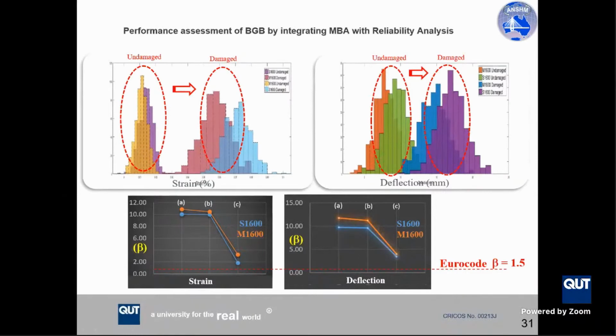And for the damaged structures, for the damaged box girders, we see a significant reduction in reliability index. Although the reliability indexes are still above the allowable values, it can be considered a kind of threat to use the structures in the current condition, and we really require maintenance or retrofitting for these structures.